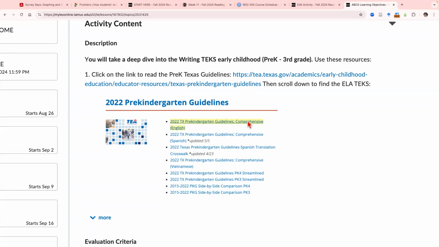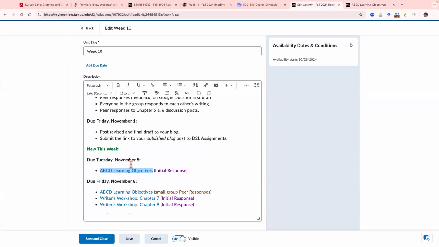Okay. And once you're there, let's see if this is going to work here. No, that's just a picture. Goodness gracious, Dr. Slay, what were you thinking? So let's see if this link is going to work. There we go. Something's not working. It says TEA refuses to connect. That's not a good sign this early in the morning.